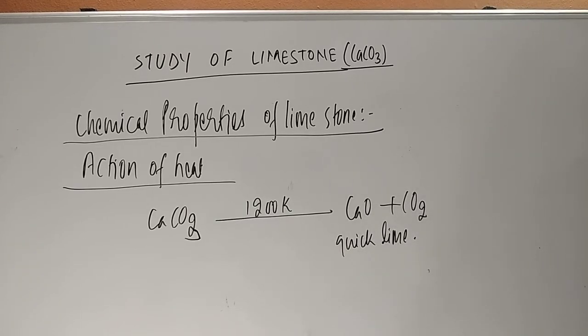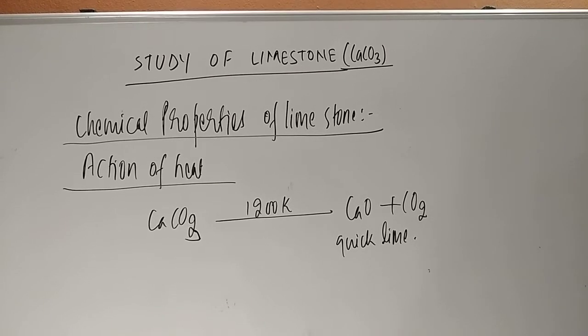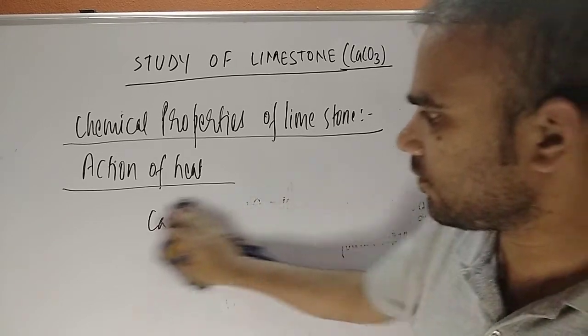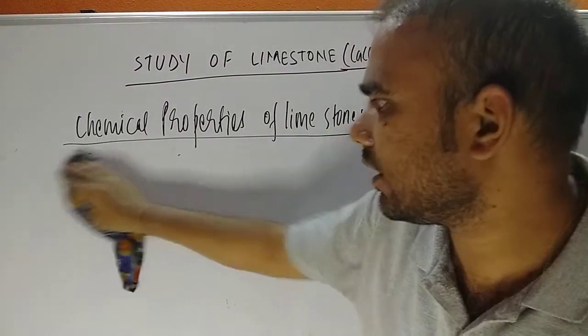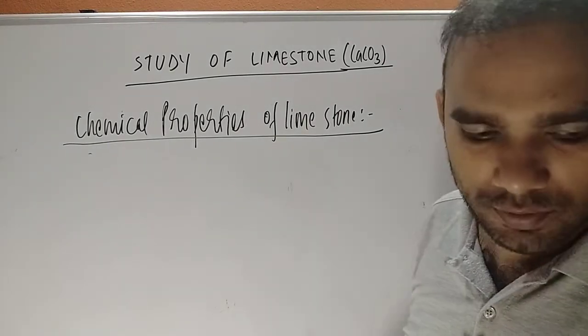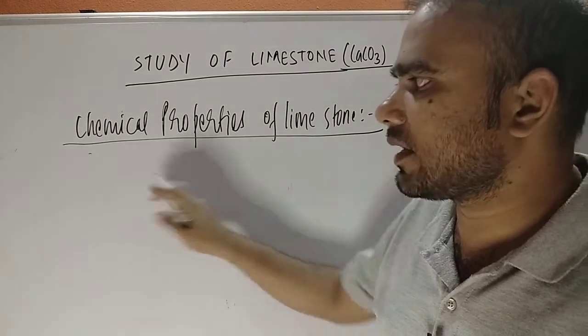Now let us have the next reaction, that is the reaction with CO2. If you pass CO2 into the solution of quicklime, you will get soluble calcium bicarbonate.